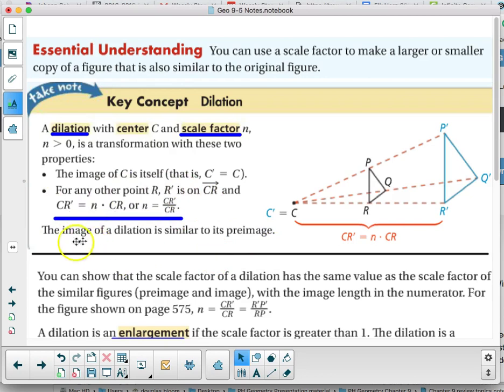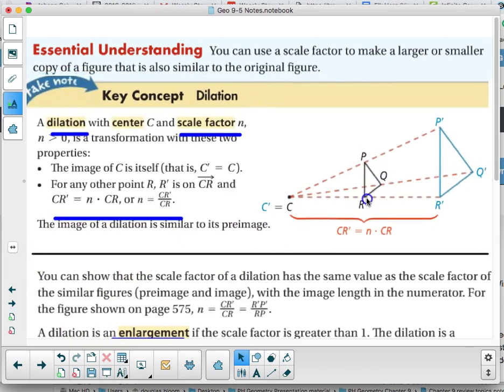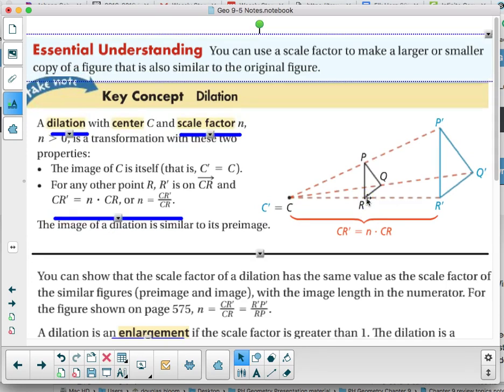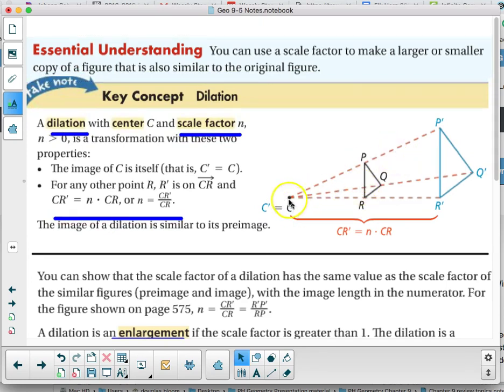Here's the deal. The image of a dilation is similar to its pre-image. I've got this image right here. I'm looking at this original distance, CR, which is my original distance.